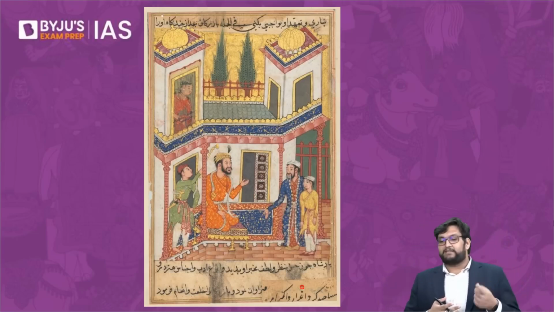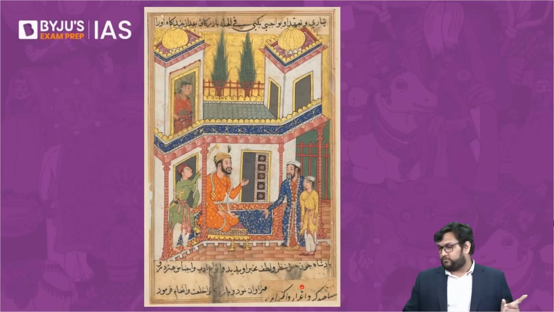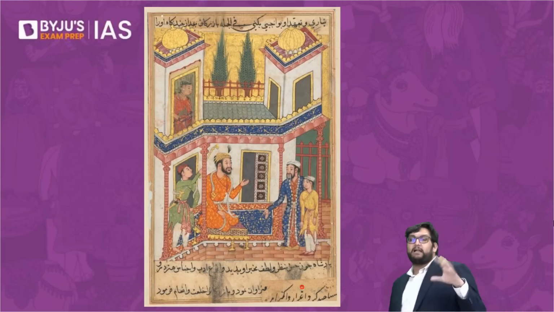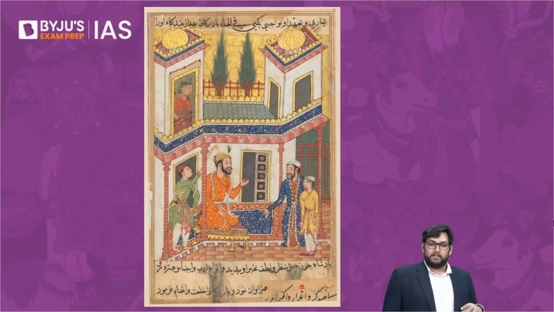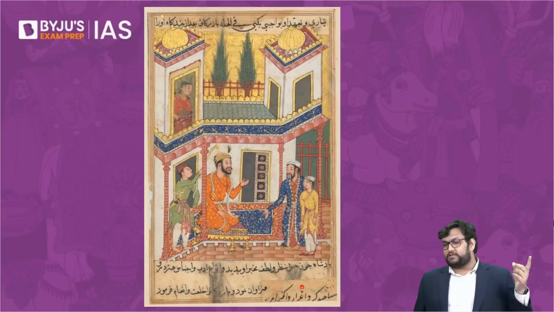But there is one thing which is happening, which is that if you look at the color scheme of this image and the image by Humayun, you will see brighter colors are coming in. And specifically, gold is coming in. That means that the Rajasthani and Gujarati influence in the paintings was also now coming in.